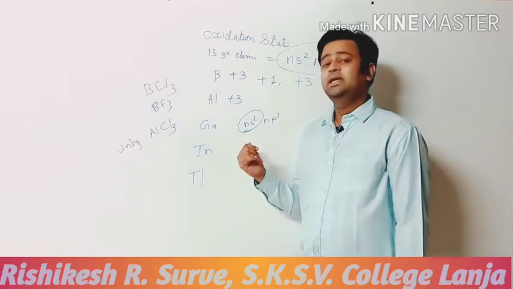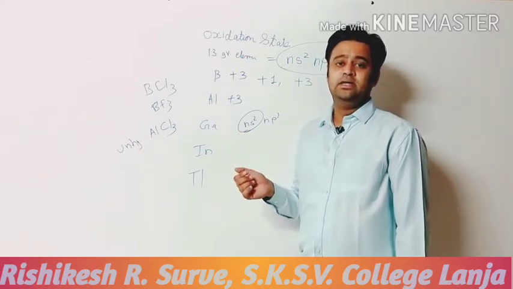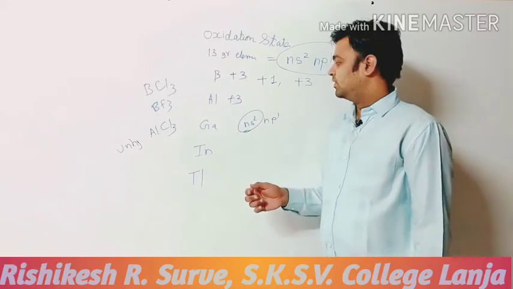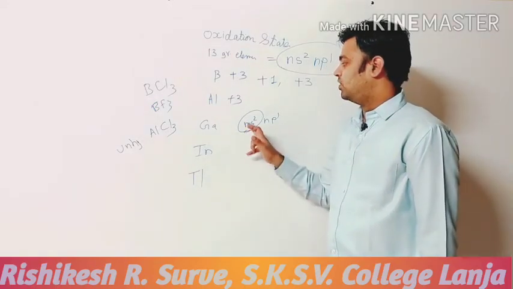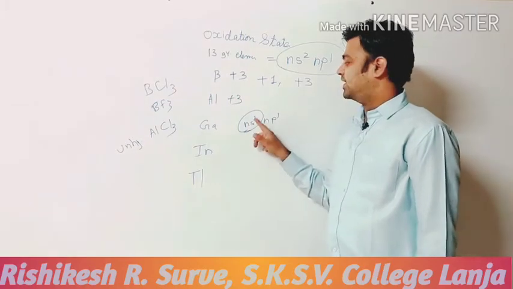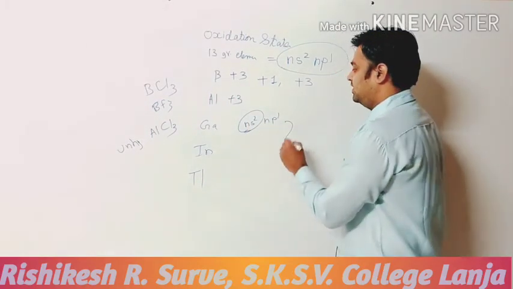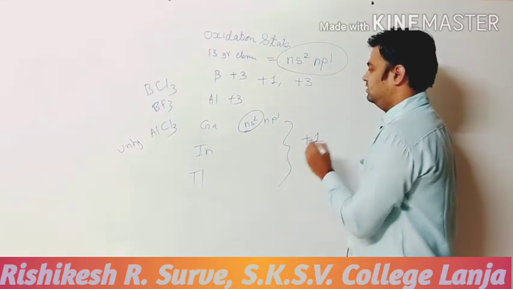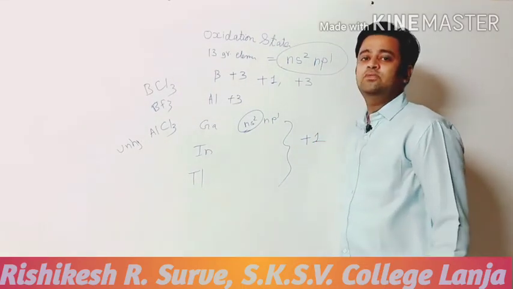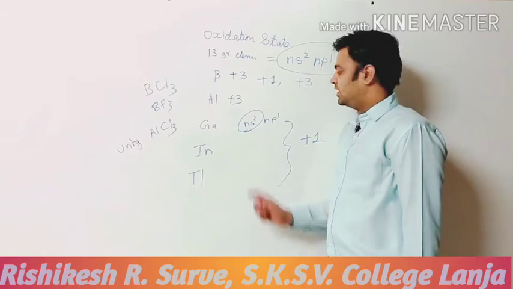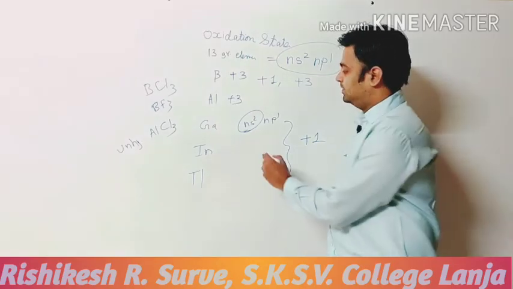This is called the inert pair effect. Inert pair effect means the reluctance of these ns electrons, and hence gallium, indium, thallium show +1 oxidation state rather than +3.